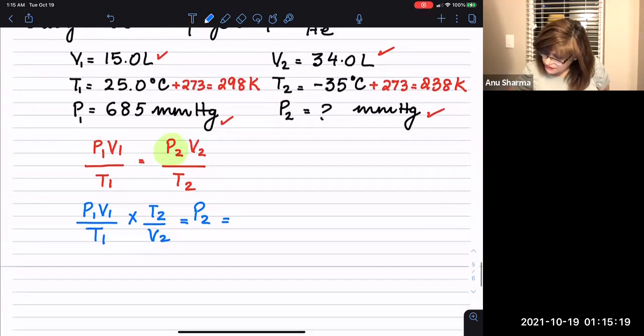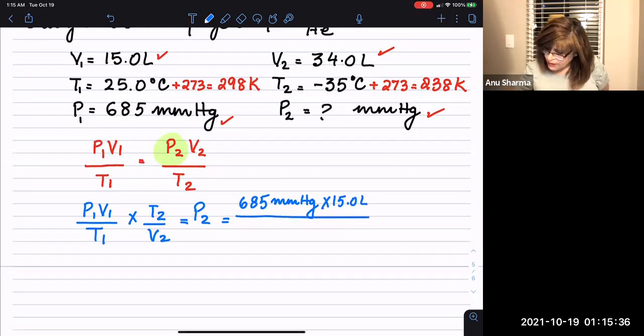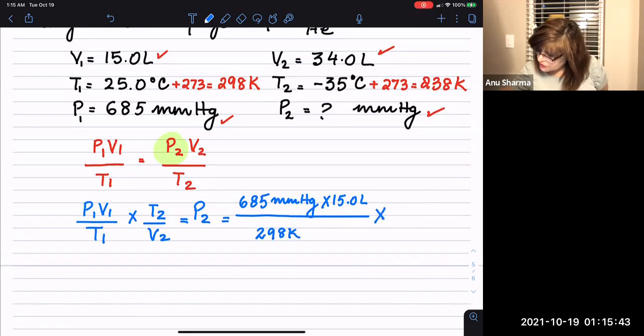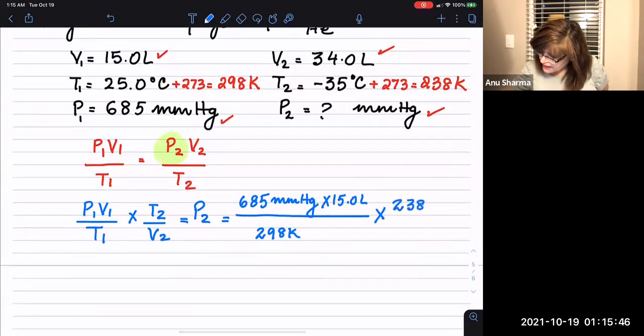P1 is 685 millimeters of mercury, times the volume, 15.0 liters, over T1, which was 298 K, times T2, which was 238 K, over V2, which is 34.0 liters.